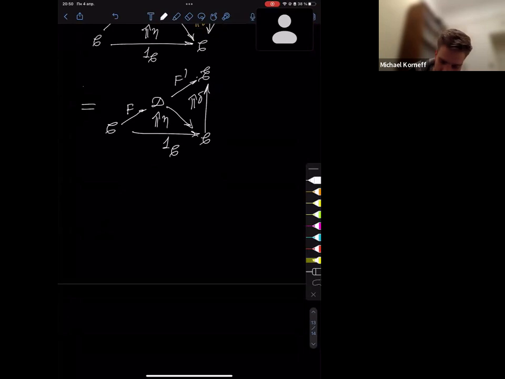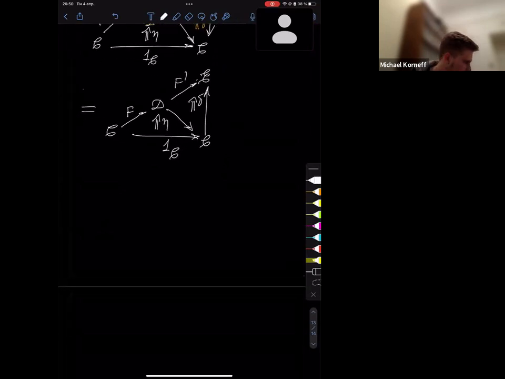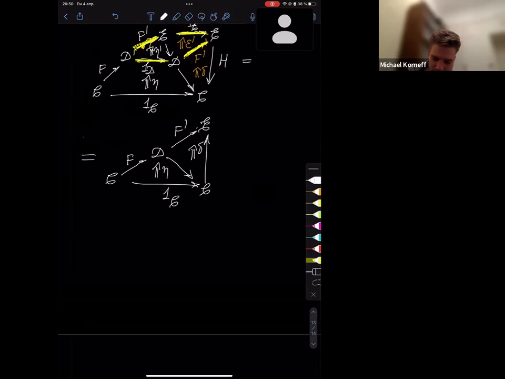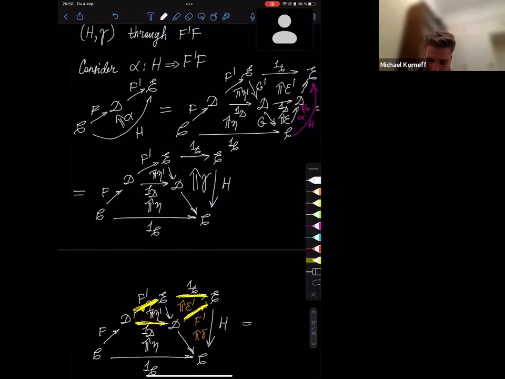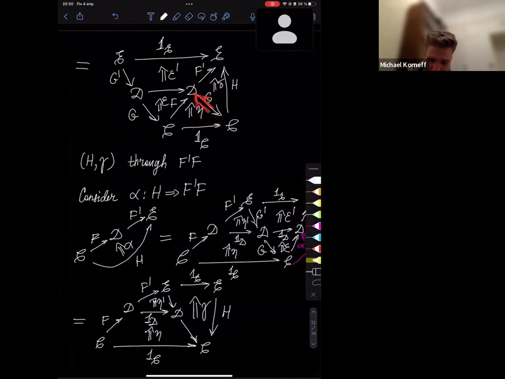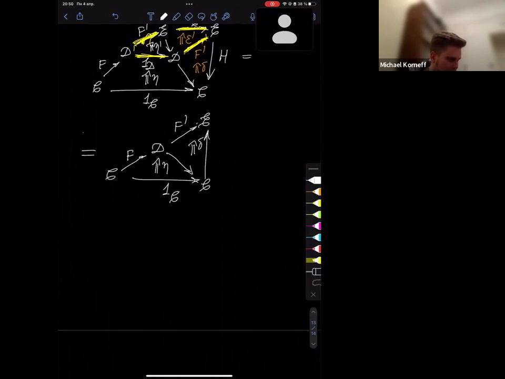The theorem is almost proved, but we should say that we have proved the uniqueness, but we should prove that this composition is actually a Kan extension.